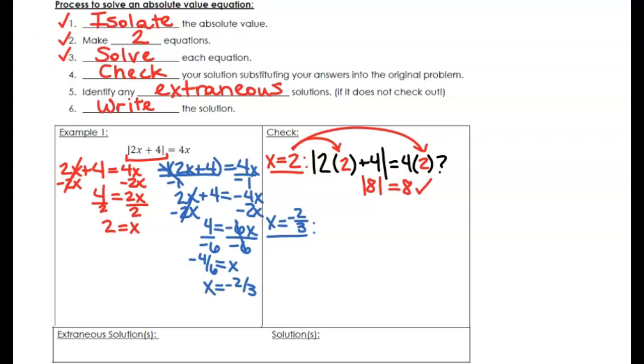So now I'm going to do the same thing with my other answer that I got. So my original problem here was the absolute value of 2 times x plus 4, close my absolute value, equals 4 times x. So I'm going to substitute my x value, -2/3, and -2/3.